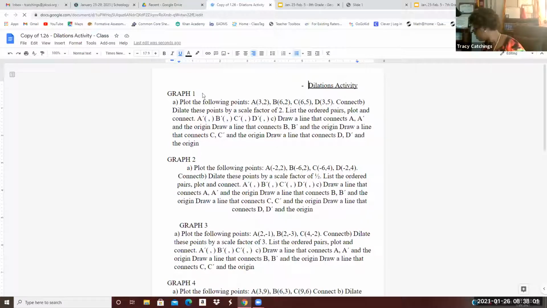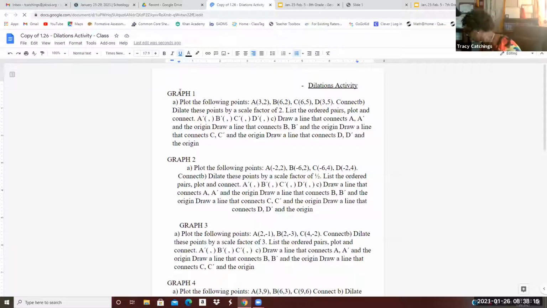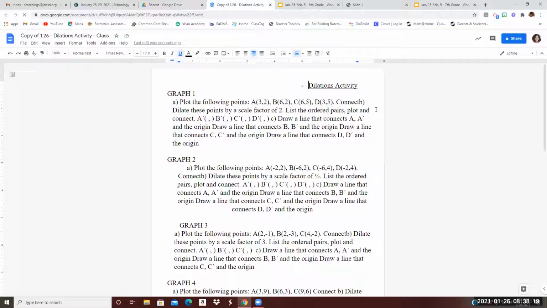Somebody read part A. Graph 1. Plot the following points.